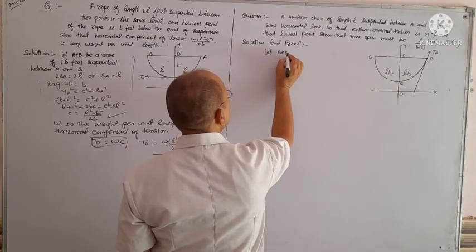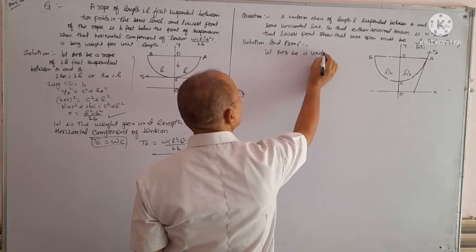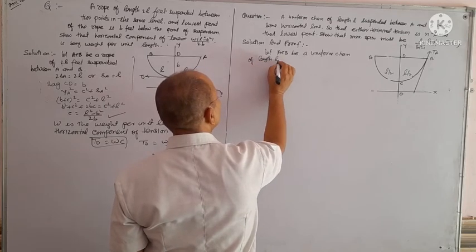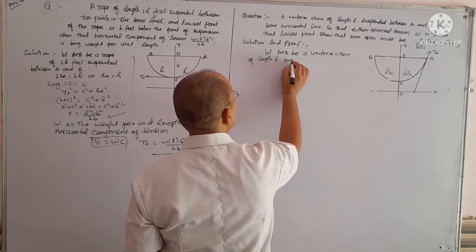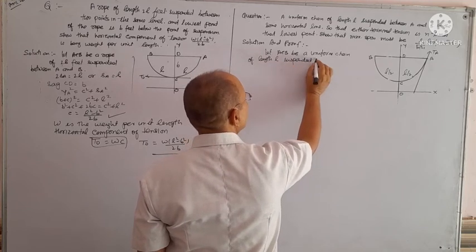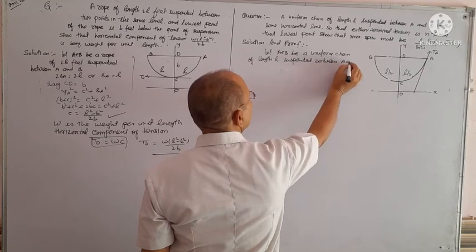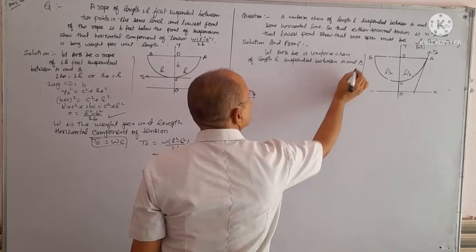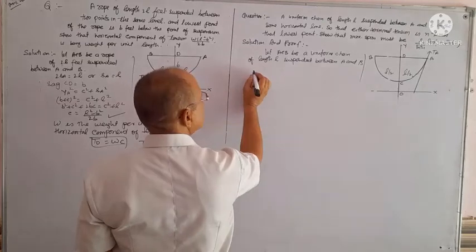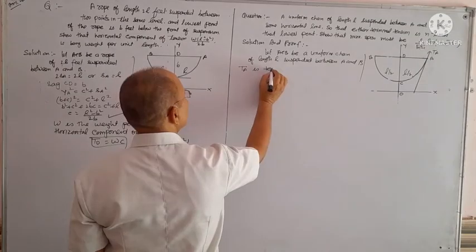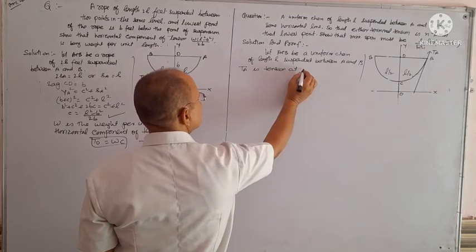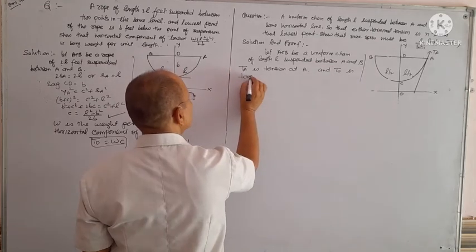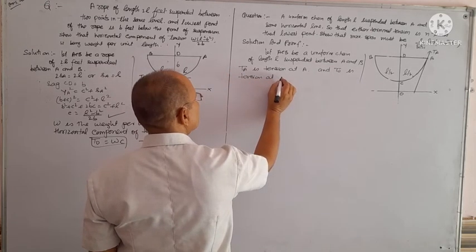Let AC be a uniform chain of length L suspended between A and B. TA is the tension at A and T naught is the tension at the lowest point.